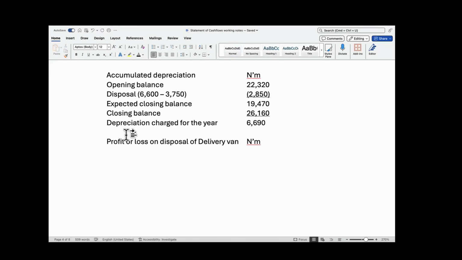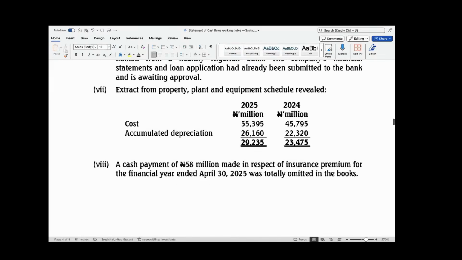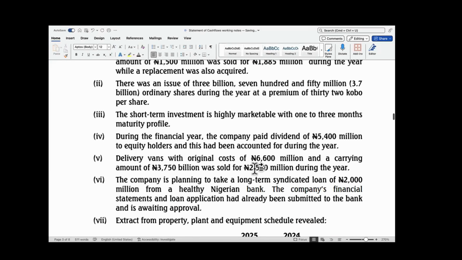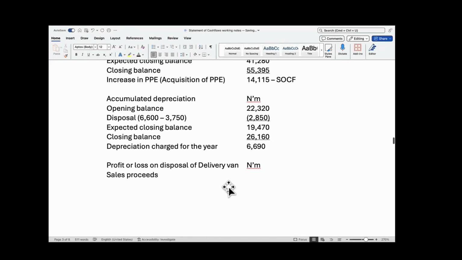So let me get the profit or loss on disposal of these assets. What was the sales proceeds on this disposal? 2,520. Sales proceeds was 2,520.